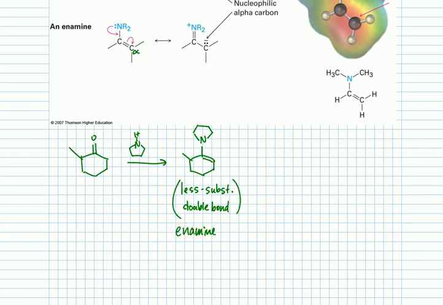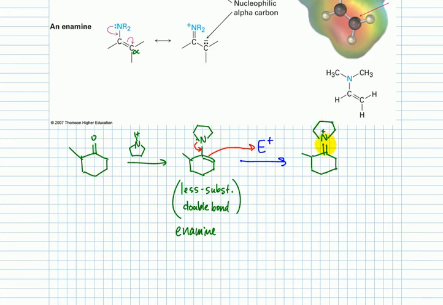So if I react that enamine with some type of electrophile, what can happen is the lone pair from the nitrogen comes down to the carbon, and then that causes the CC double bond pi electrons to go attacking the electrophile. And what we end up with immediately after that anyway is an iminium ion, right?